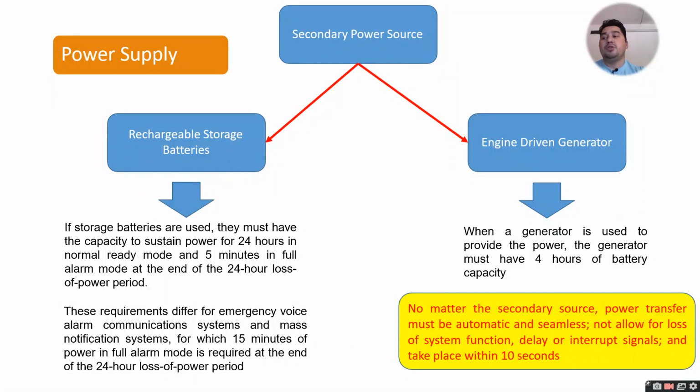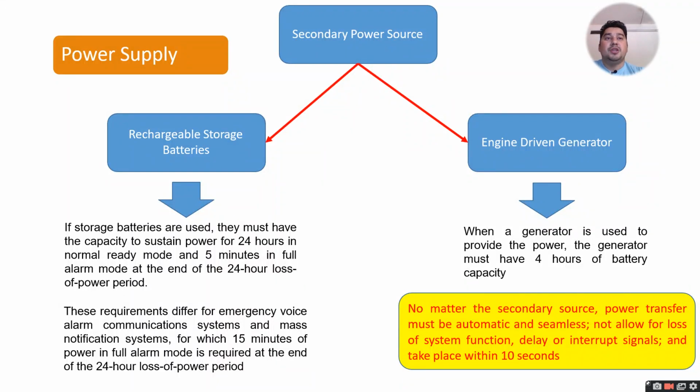That is a requirement whenever you are using batteries as a secondary power source. These requirements differ for emergency voice alarm communications systems and mass notification systems, for which 15 minutes of power in full alarm mode is required at the end of the 24 hours loss of power period.